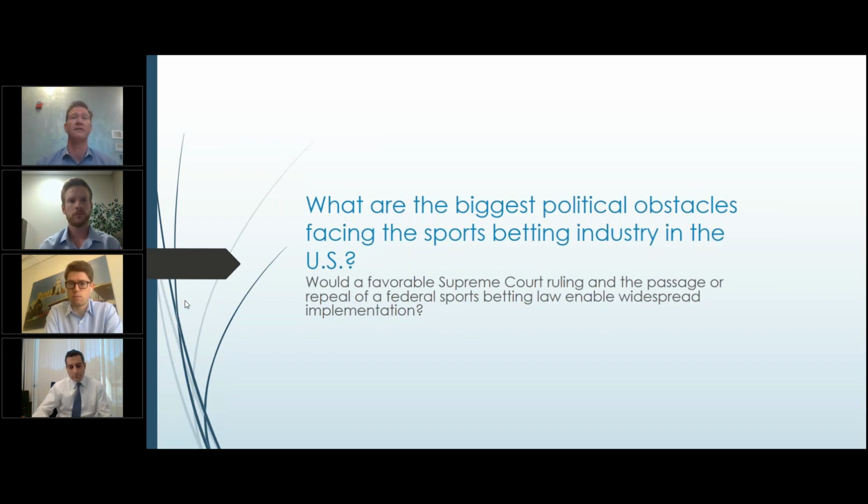Getting online legal in Pennsylvania, still can't get all the stakeholders aligned. So I think there's a little bit of enthusiasm about the federal repeal of PASPA, but there are going to be some challenges rolling out inside those states, and that's going to be prevalent as we look at various other scenarios.